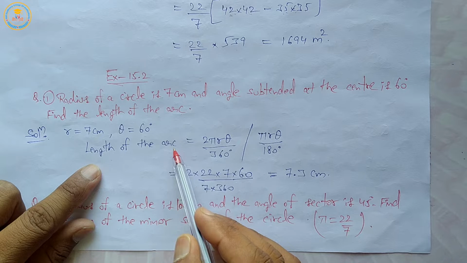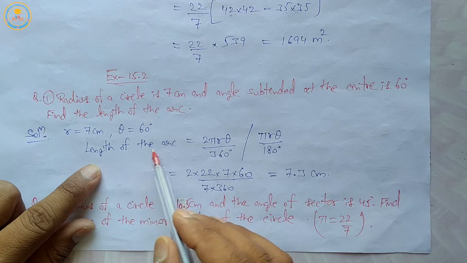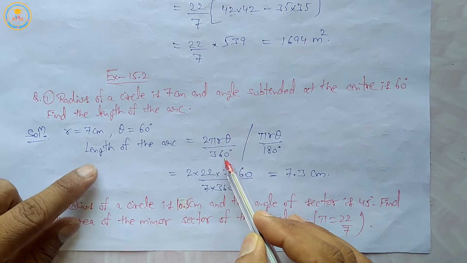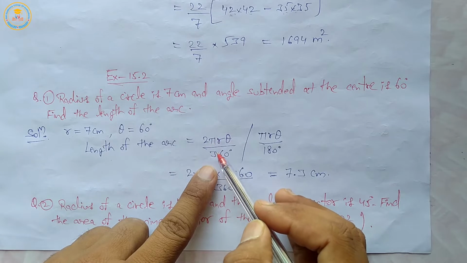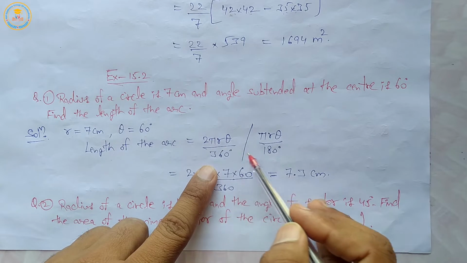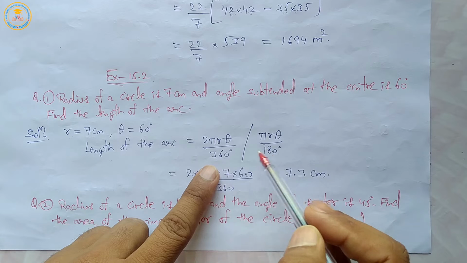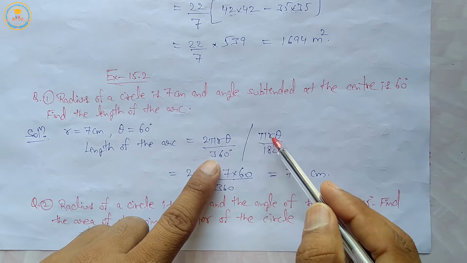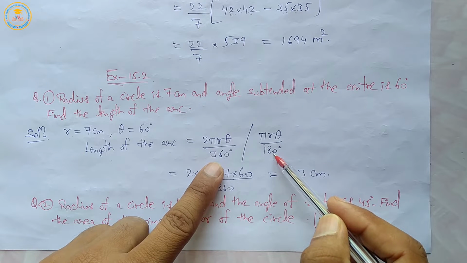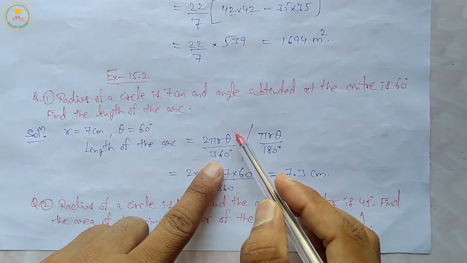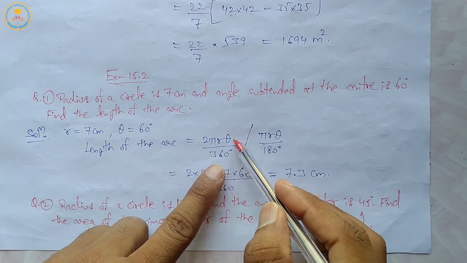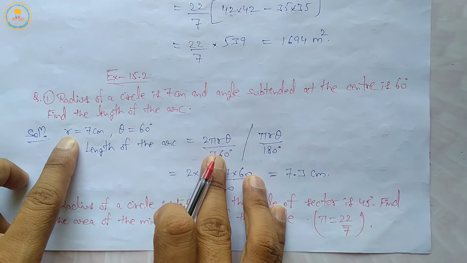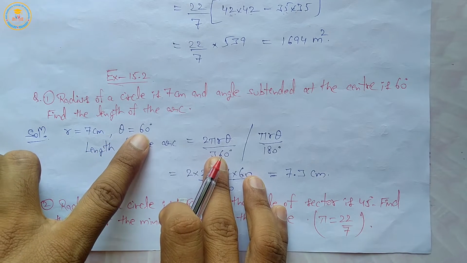We know that according to the identity, length of the arc is 2 pi r theta divided by 360 degree. 360 cancels out by 2, 180 times. It means this identity can be written as pi r theta divided by 180. According to this identity we put all the values, the value of r radius and the value of theta 60 degree.